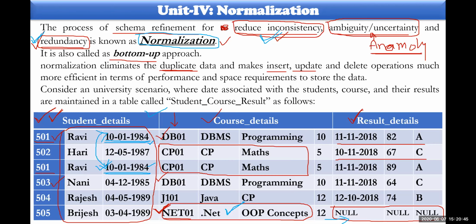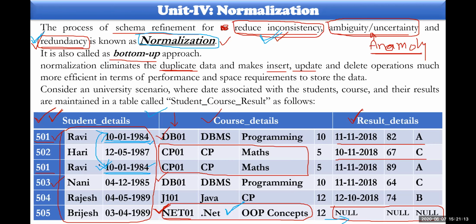You have to enter 501, Ravi, 10/1/84, .NET01, .NET OOPS concepts, 12 hours, and no examination. During his joining, we could not have any results information. He has just joined one particular course, so you could not enter any data for results.